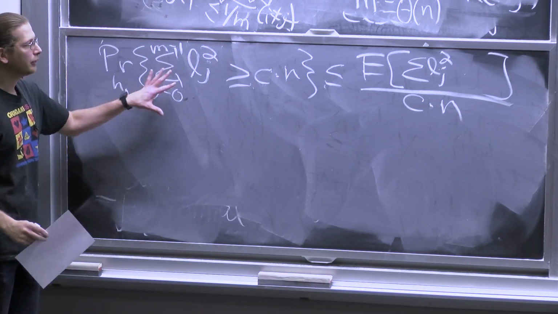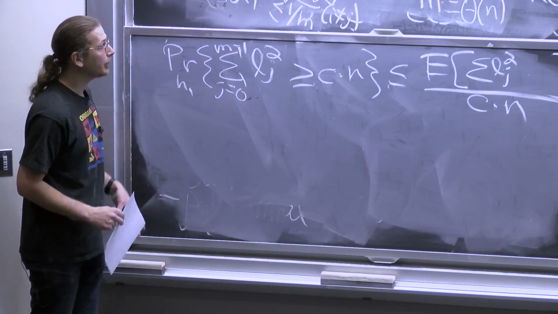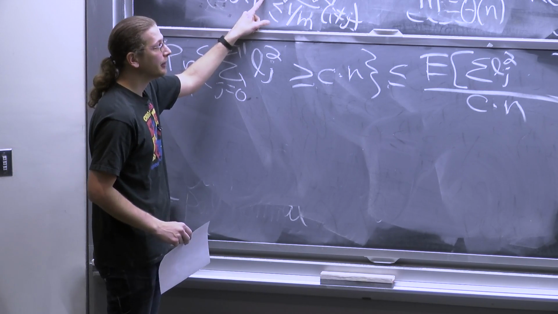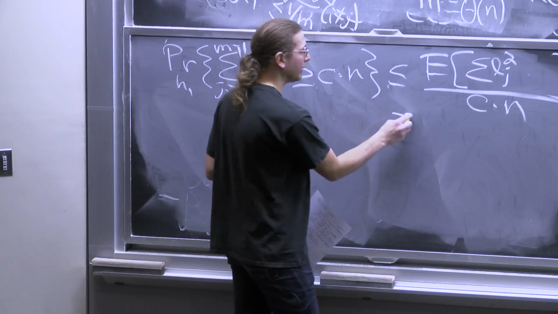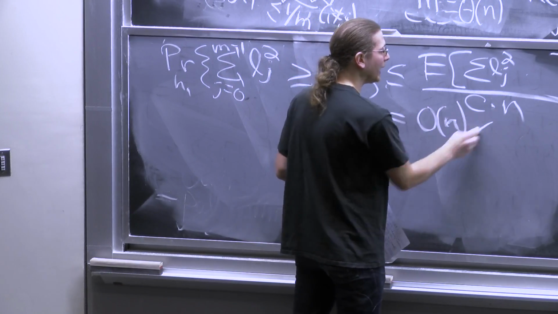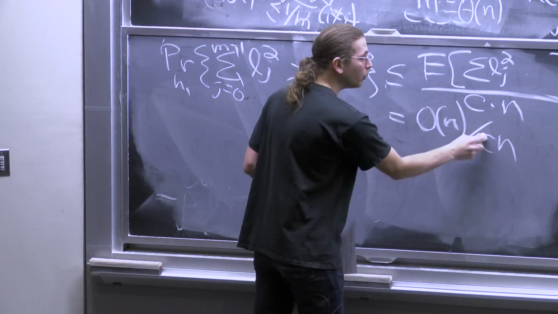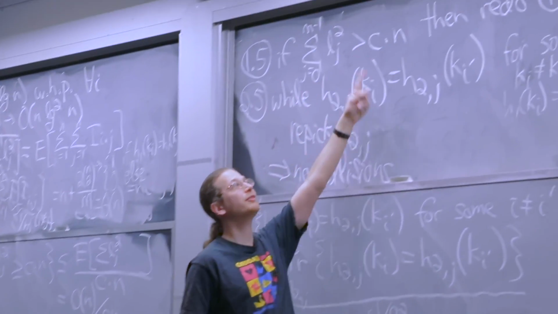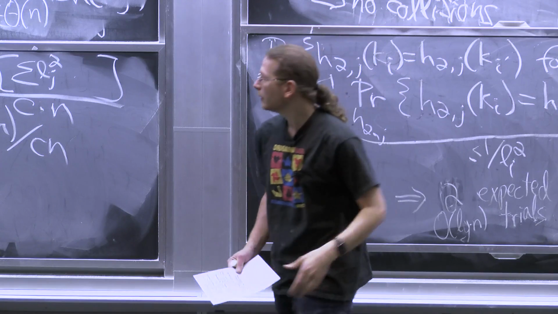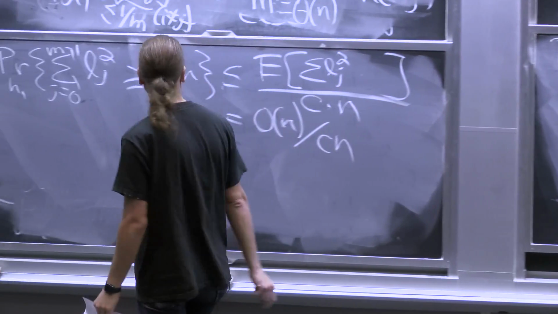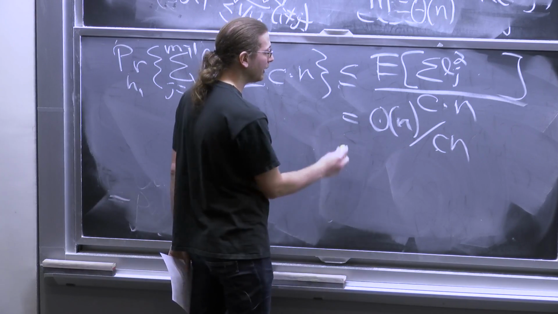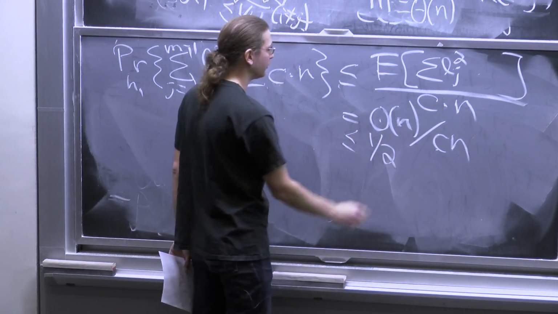This is nice because we know that this expectation is linear. So we're getting a linear function divided by Cn. Remember, we get to choose C. The step said if it's bigger than some constant times n, then we're redoing the thing. So I can choose C to be 100, or whatever. I'm going to choose it to be twice this constant. And then this is at most a half.